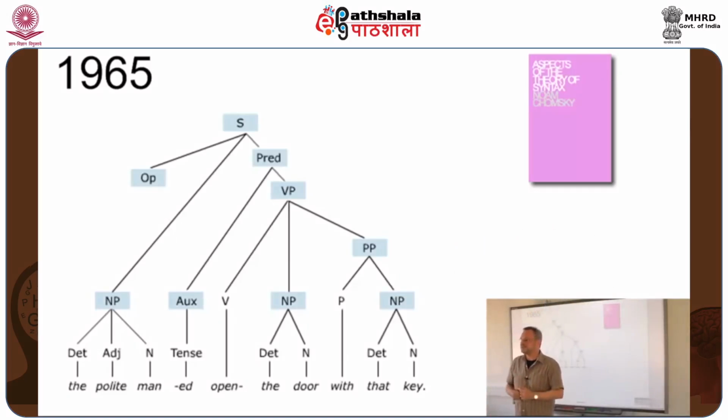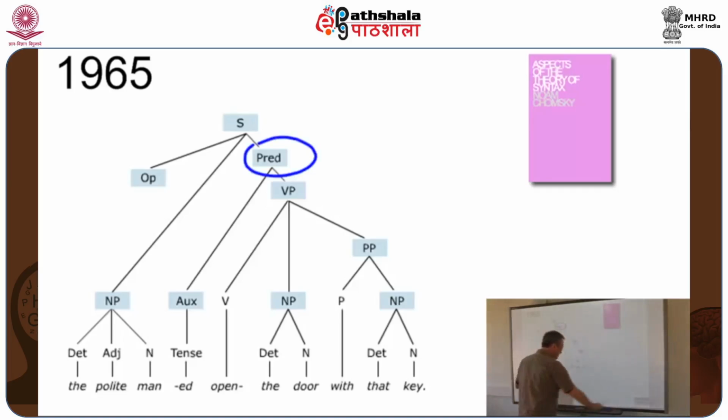In the standard theory, two major changes were introduced to the phrase structure rule system of 1957. First of all, we find the predicate, or predicate phrase. This is a new node. It consists of the auxiliary complex and the verb phrase. And a second very interesting new node was the operator node.